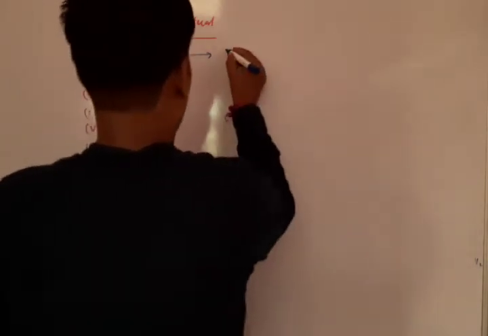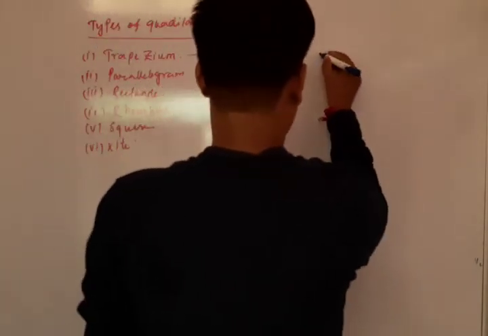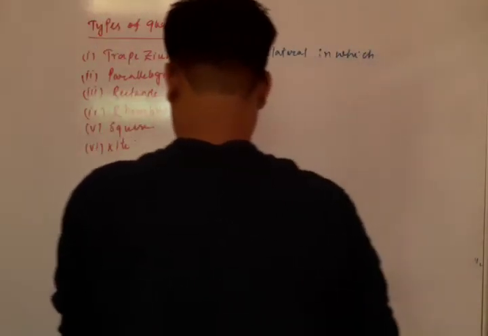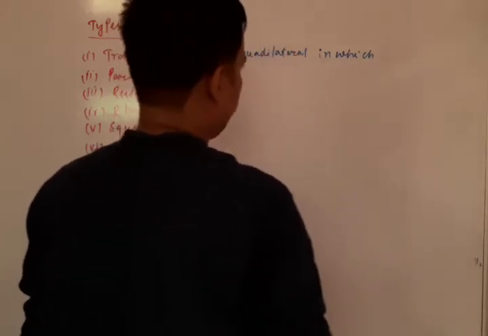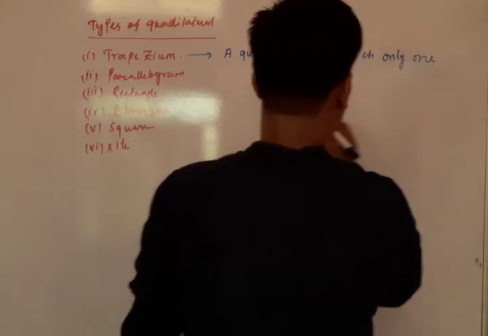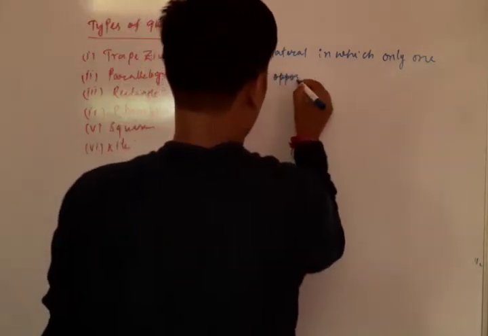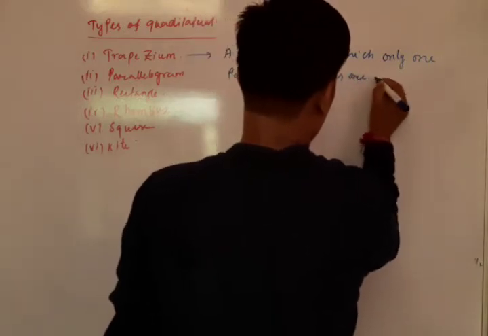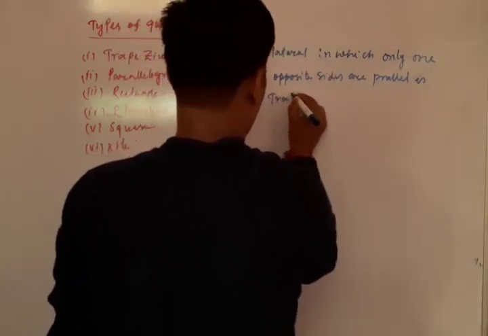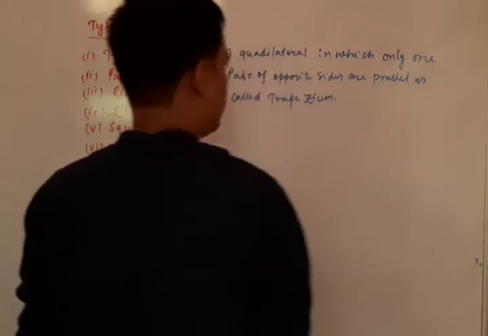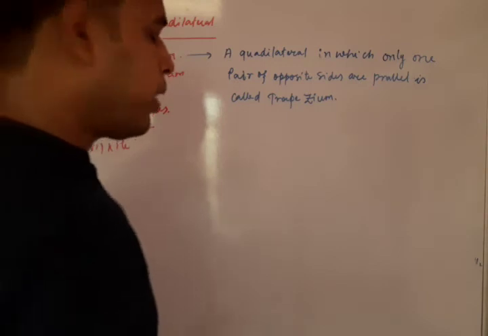Trapezium: a quadrilateral in which only one pair of opposite sides is parallel is called a trapezium. In a quadrilateral, only one pair of opposite sides is parallel; that will be a trapezium.